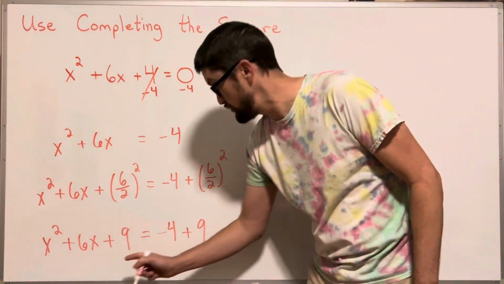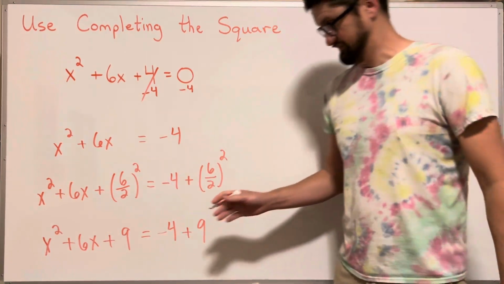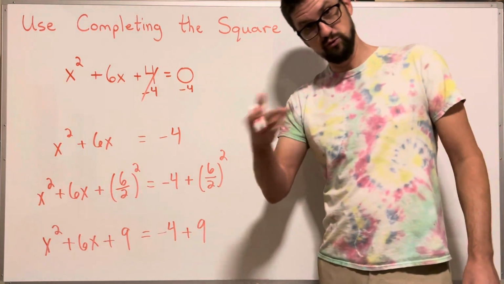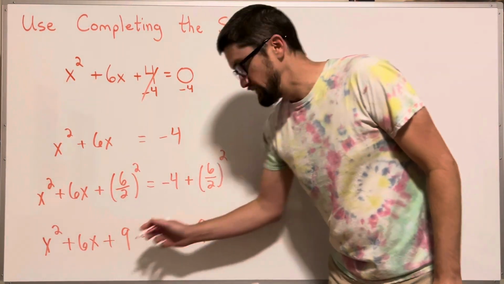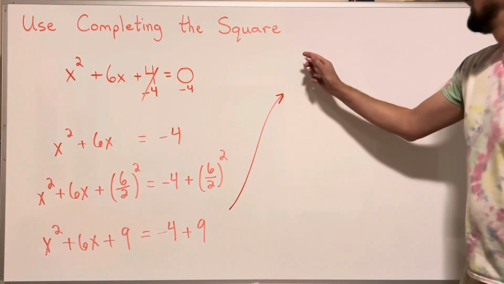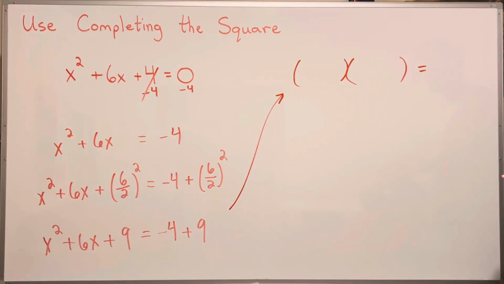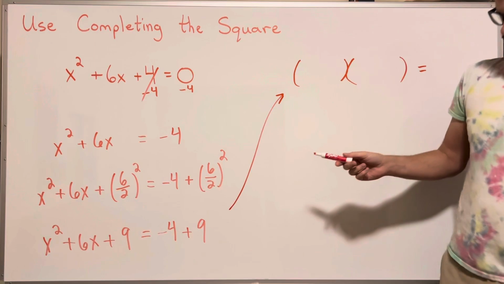All right, the next thing you want to do is, this is going to be a trinomial that can be factored now. It's going to factor into a binomial squared. Or you can set up 2 binomials and factor this trinomial.